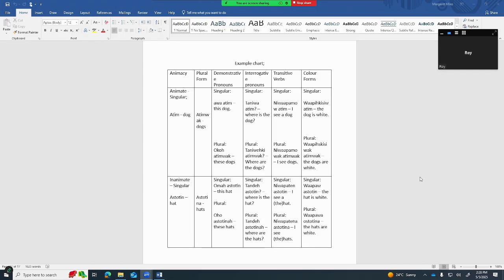Next column, singular, nawapamaw attim. I see a dog. Plural, nawapamawak attimwag. I see the dogs.